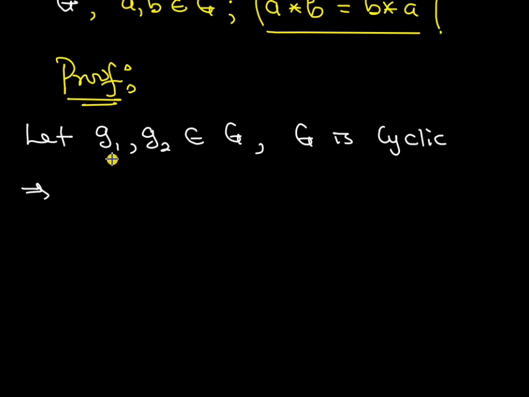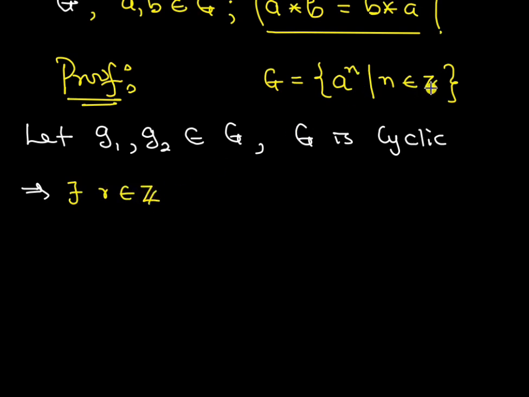If G1 is in G, remember that G is cyclic, and it means that, remember the definition, since G is cyclic, it is generated by a particular A, where n is in Z. Okay, so the meaning is that there is at least an element, let's say R in Z, such that G1 is equal to A raised to the power of R.